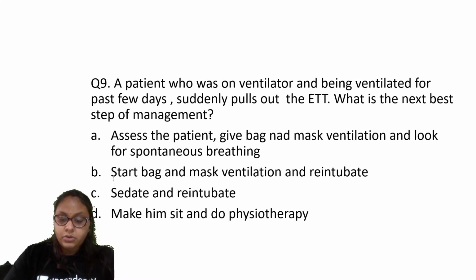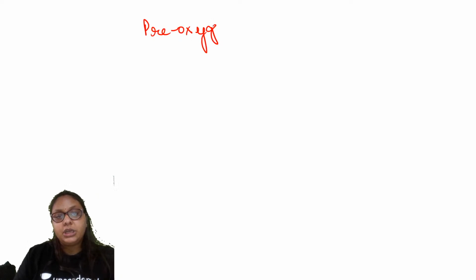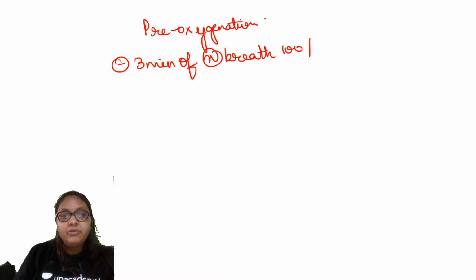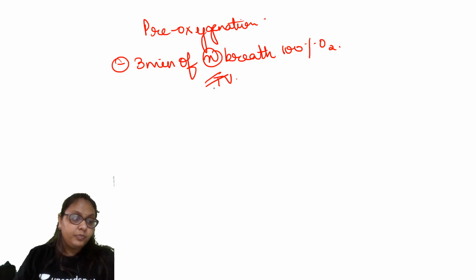So the methods of pre-oxygenation. The first method is 3 minutes of normal breath with 100% oxygen, that means 3 minutes of tidal volume with 100% oxygen.